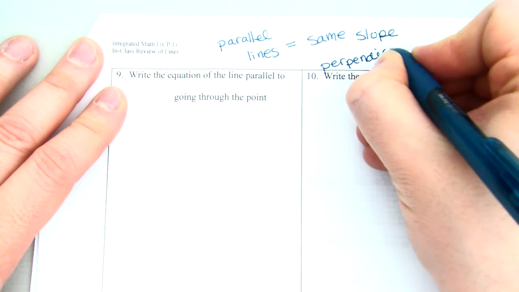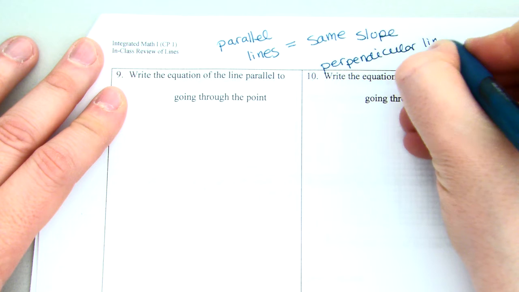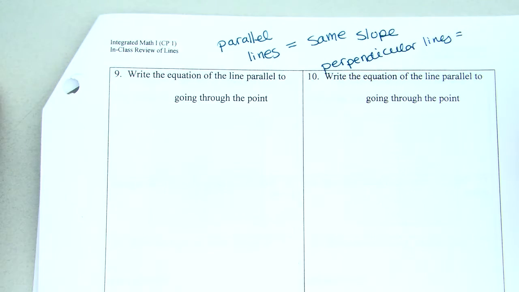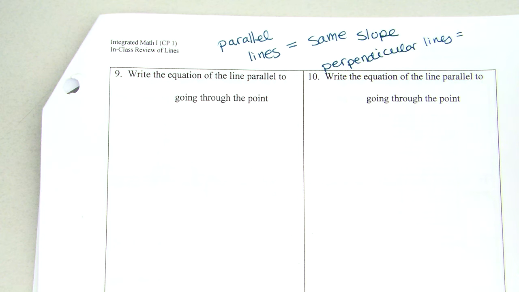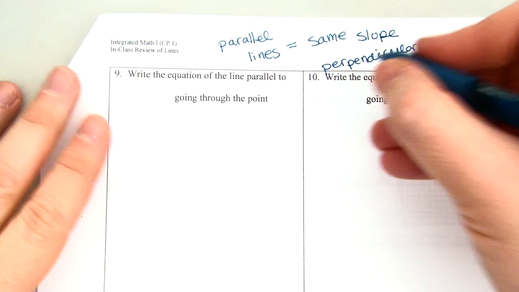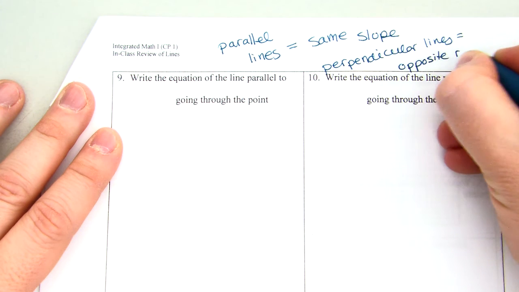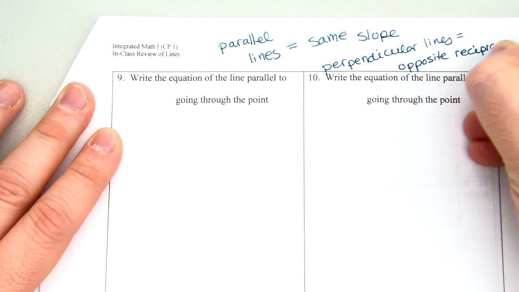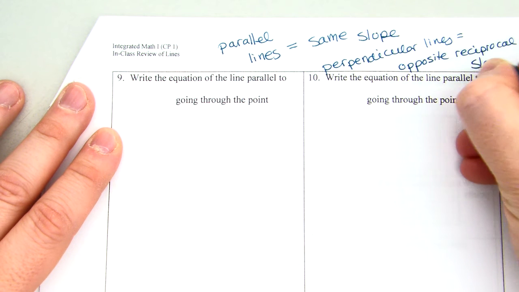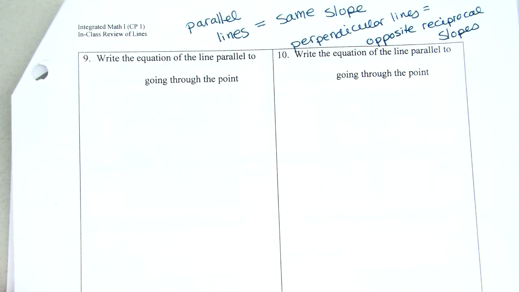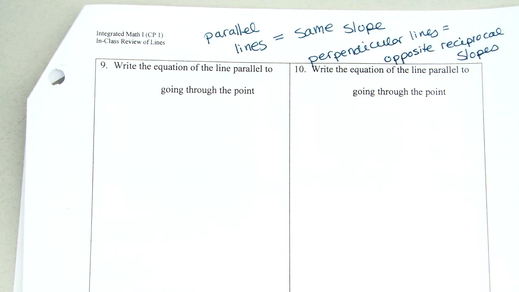Perpendicular lines: we use two words to describe the slopes. We call them opposite reciprocals. We flip it and we change its sign. Opposite reciprocal slopes. Parallel lines have the same slope. Perpendicular lines have opposite reciprocal slopes.